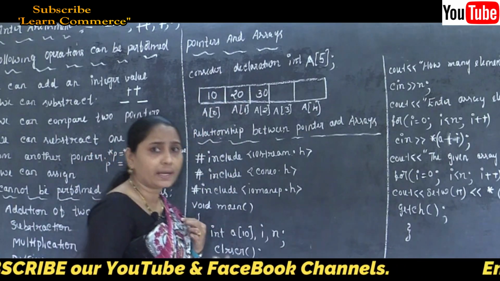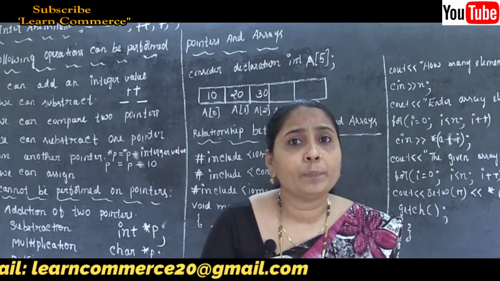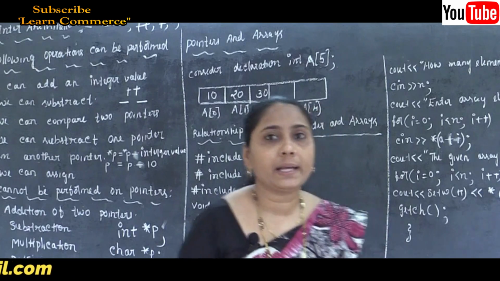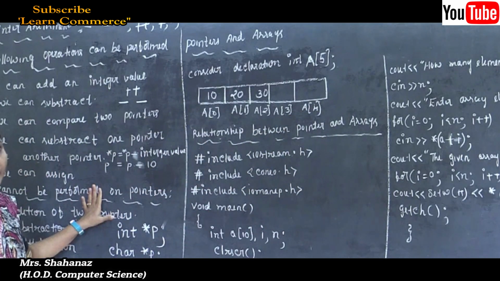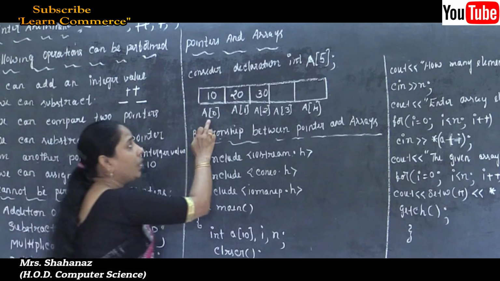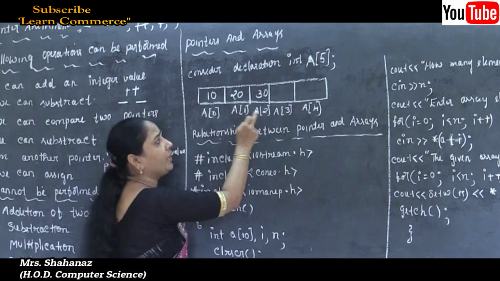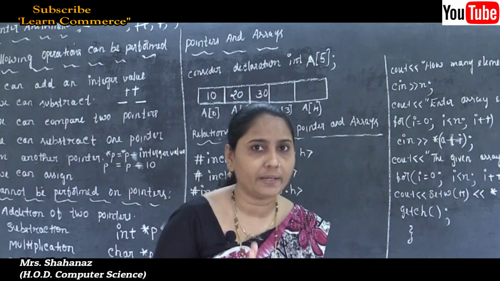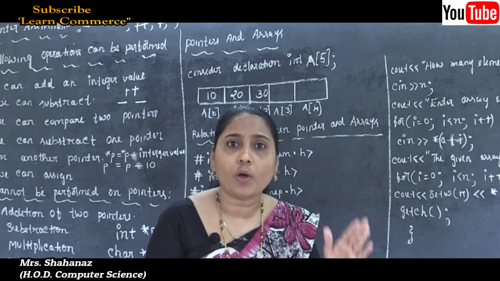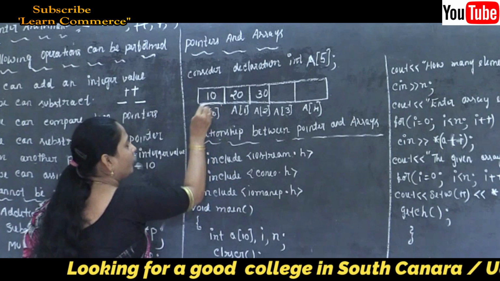How am I going to access all these elements? When the program is compiled, the compiler does not save the addresses of all the elements of the array. Is our compiler saving all those addresses a[0], a[1], a[2], a[3]? No. Our compiler does not save the addresses of all the elements of the array, but only the address of the first element of the array.